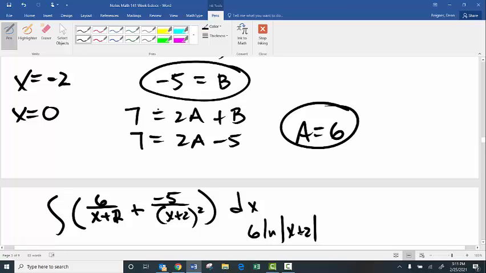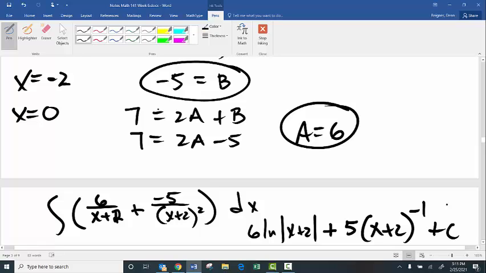And then when you integrate negative 5 over x plus 2, the quantity squared, that's going to be a power raising problem. So x plus 2 is to the negative 2. So when you add a power over that power, you get negative 1. So that's going to turn that negative 5 to a positive 5. So the rest of your integral is plus 5 times the quantity x plus 2, end your quantity, to the negative 1, plus c.